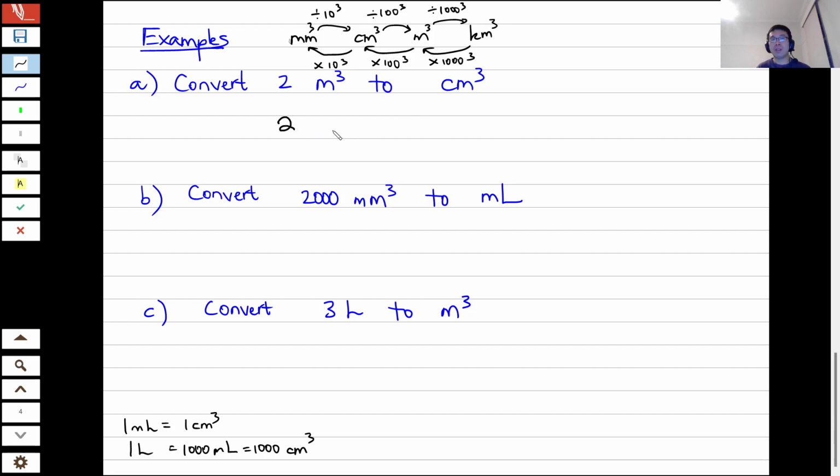I need to multiply the number I was given by 100 cubed. This is going to add 6 zeros. You can do this on a calculator if you want. So it becomes 2 million, and that's massive. So because I've got powers of 3 now, if I convert from a larger unit to a smaller unit, the numbers are going to get large very, very quickly.